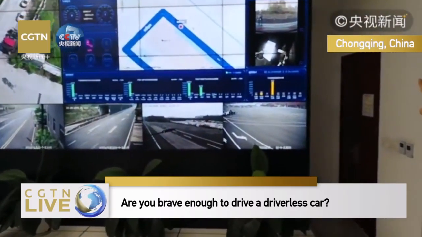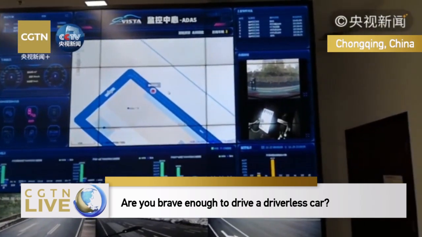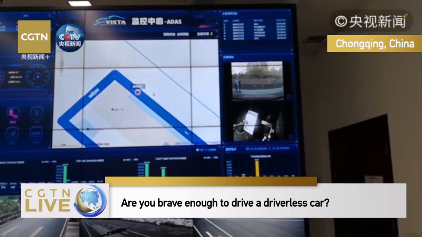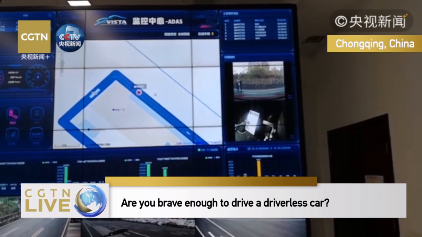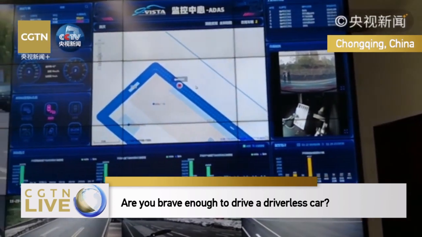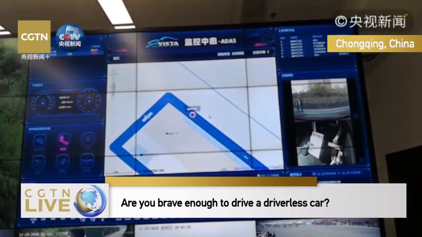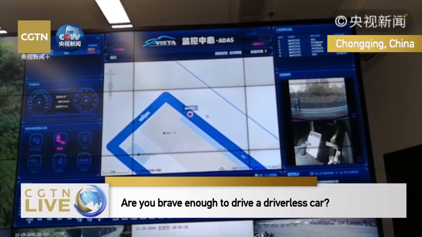Okay, let me further clarify. On the top right side of the screen, there is a table. That table basically shows some of the emergencies happened during the experiment.